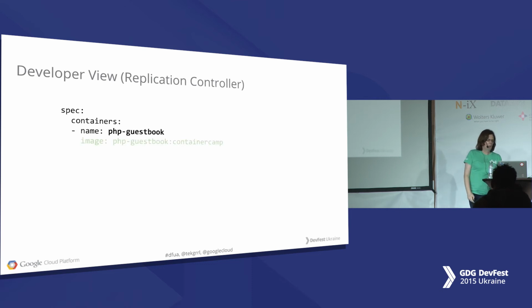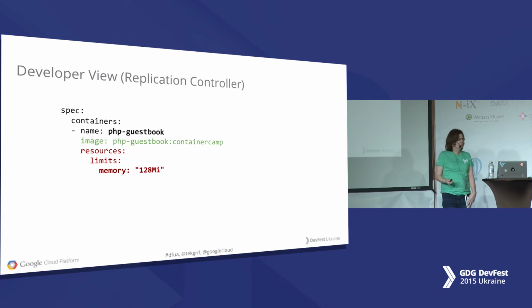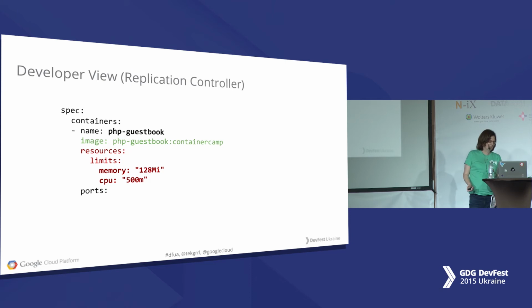So the developer view for Kubernetes looks very, very similar to what we had with Borg. We have a name, we have an image, which is our binary, effectively. We have resource limits, 128 megabytes, sorry, I always get that wrong. Half a CPU, we have our own special way of partitioning CPUs within Kubernetes.